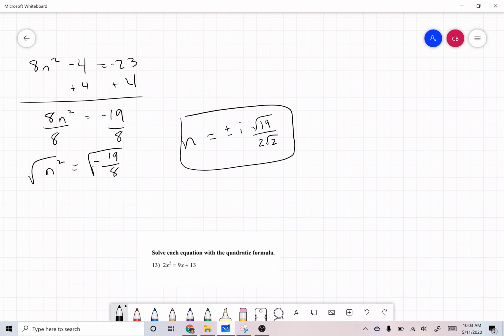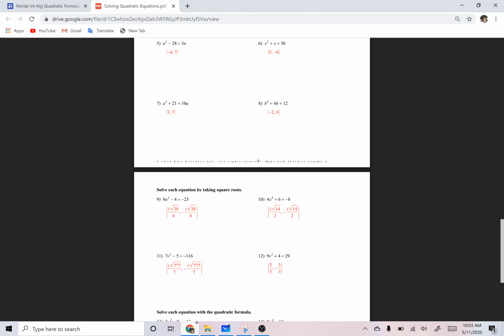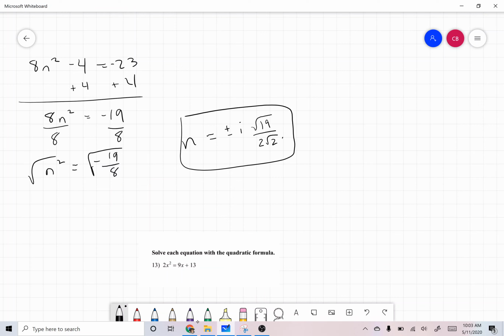What they did is multiply by the square root of 2 over the square root of 2. I'll just show you the math. Square root of 19 times square root 2 over 2 times square root 2 times square root 2, which is square root of 38 over 2 times square root of 4, which is square root of 38 over 2 times 2, which is 4.